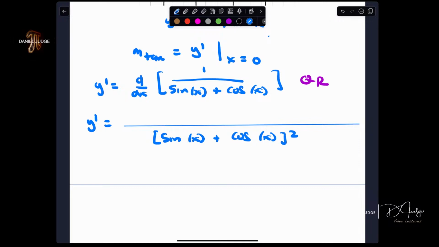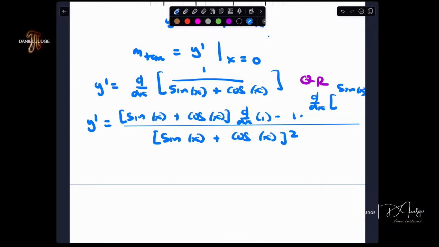Sine plus cosine squared. Bring up your sine plus cosine. Now we're going to take the derivative of the constant 1 minus the 1 times the derivative of the sine plus cosine. The derivative of 1 is 0, and 0 times anything will be 0.